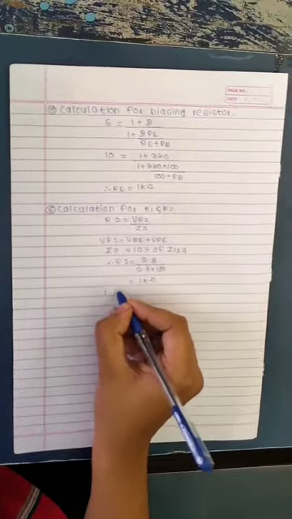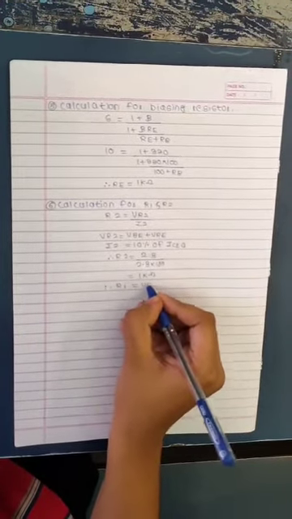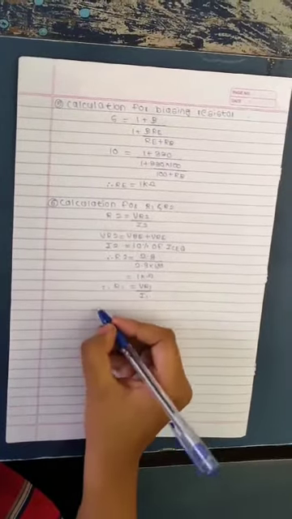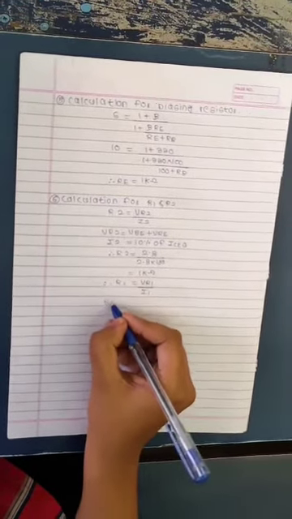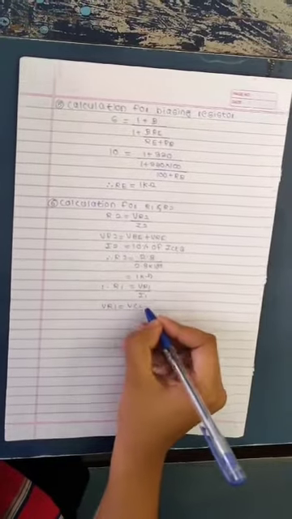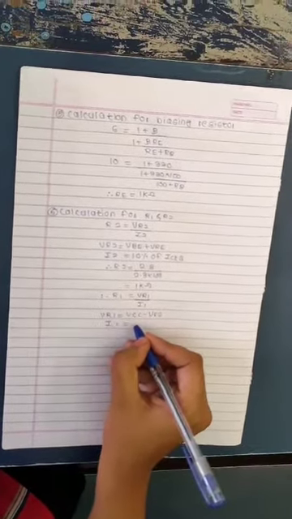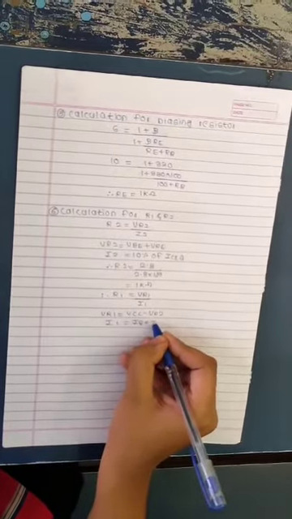Then R1 is equal to VR1 upon I1, and we know that VR1 is equal to VCC minus VR2, and I1 is equal to IB plus I2.